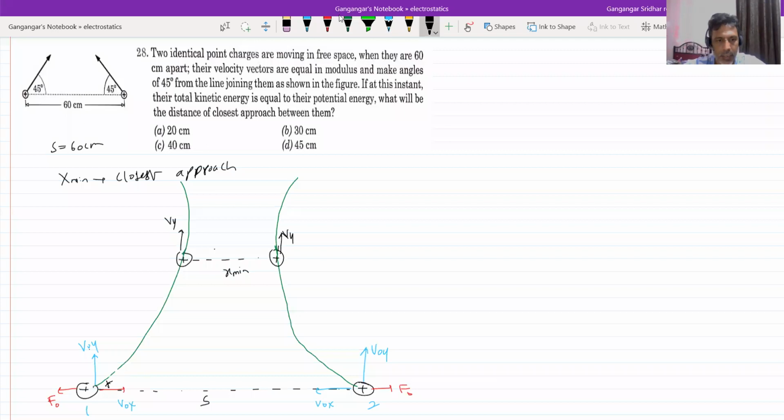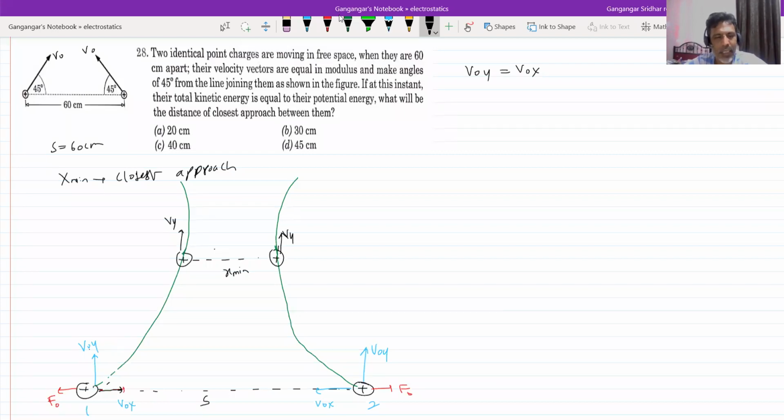Okay, I'll gather all the data which is available. As that angle is 45 degrees, V naught y is equal to V naught x. This is one thing. Can we apply any other equations next?